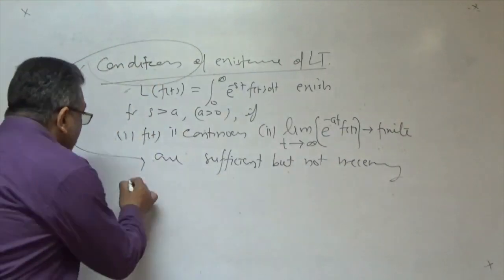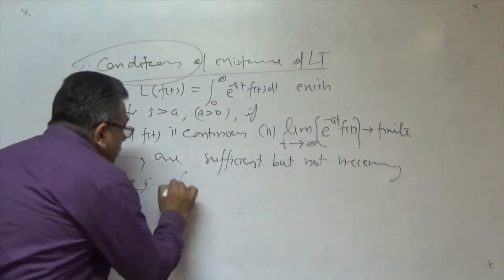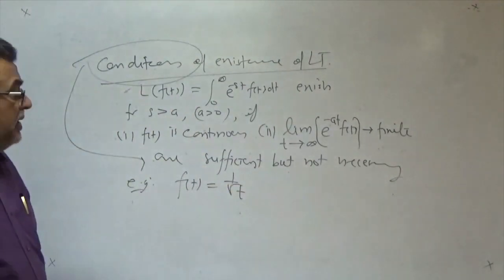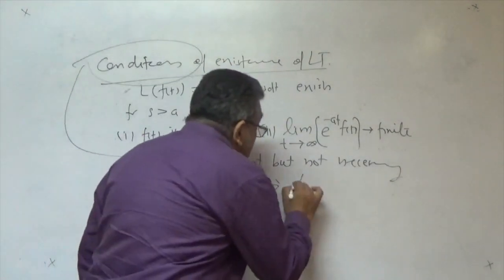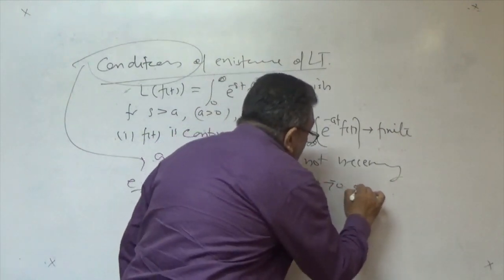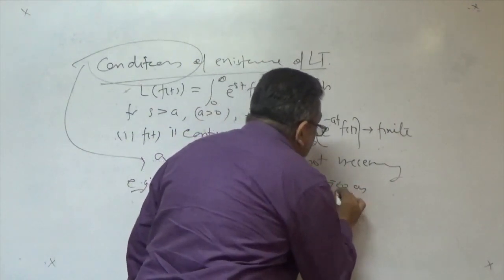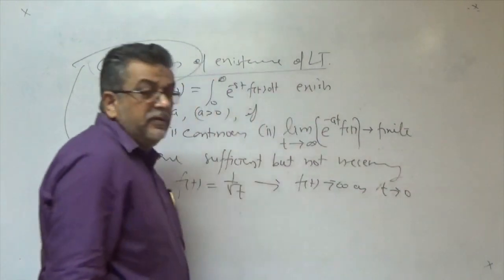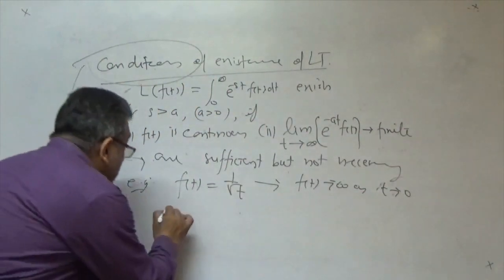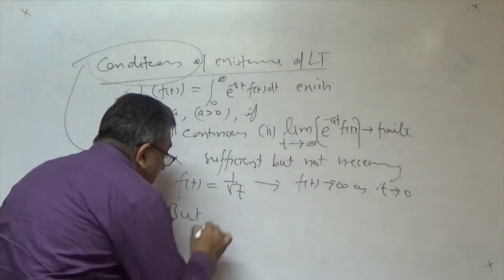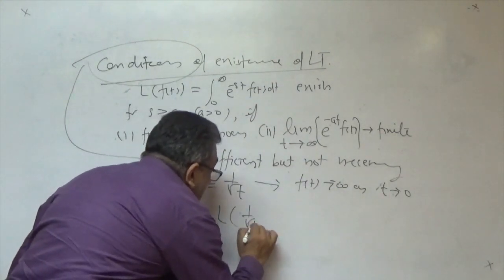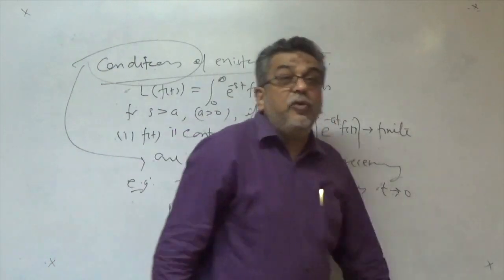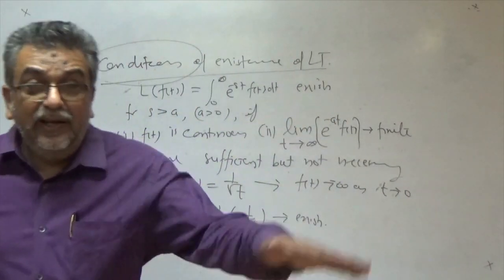For example, if we take the function f(t) as 1 upon root t, then it is clear that f(t) is infinity as t tends to 0. But the Laplace transform of 1 by root t exists and is defined, and I will take it as a formula in coming lectures.